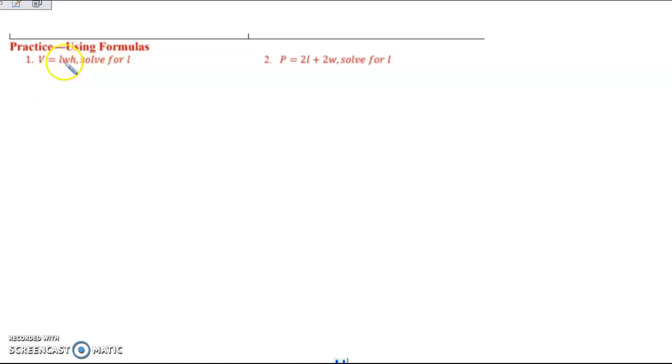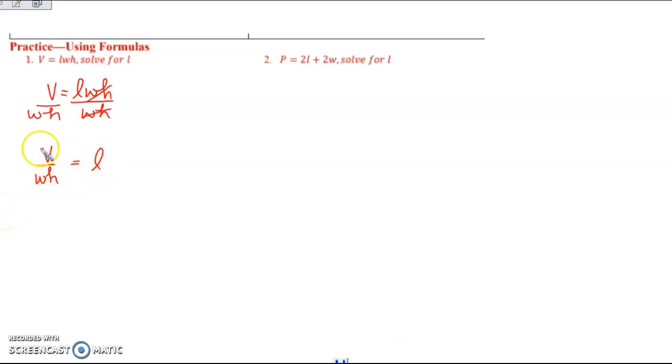I have the W and the H. This is all multiplication, so to move these two, I'm going to divide by WH. I can't simplify this anymore. It's gone from this side, and all I have left is length by itself.